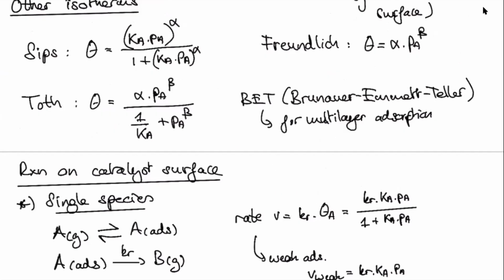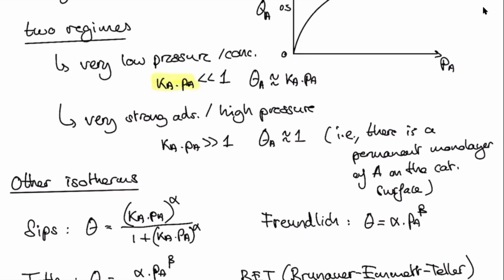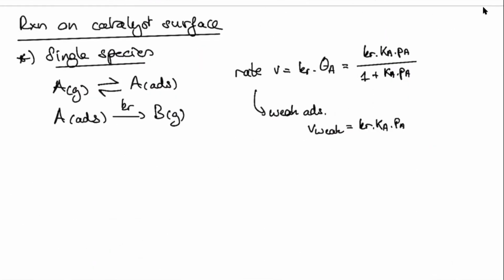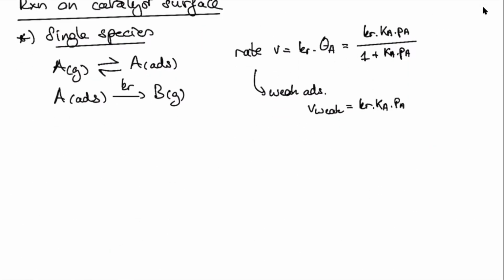So this is the same assumption, right? So if you have here, theta will be Ka times Pa. So if we just substitute that here, we get this regime. So this is a first order reaction.